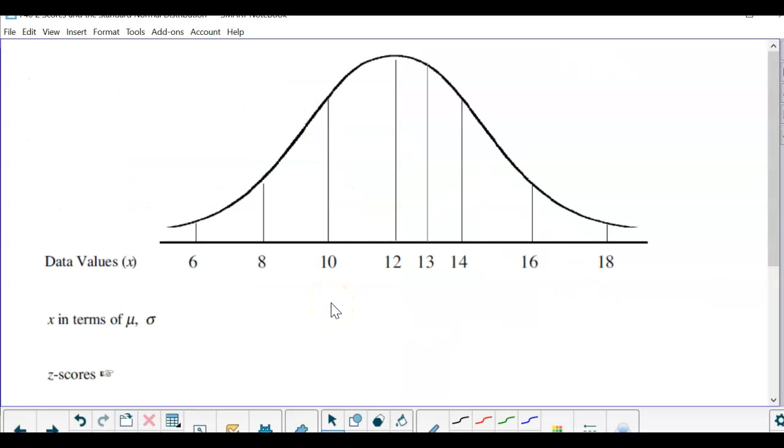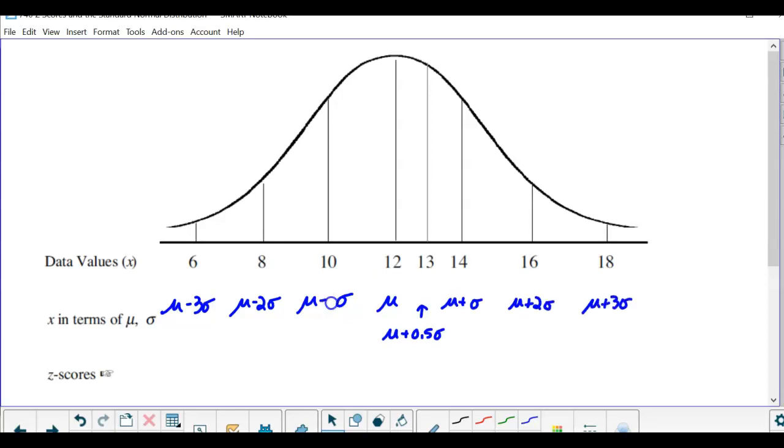Okay, alright, so here, that's your mean. This is your mean minus sigma, mean minus 2 sigma, mean minus 3 sigma. Here, I'm just going to put it underneath because it's going to get squishy. Mean plus 0.5 sigma, mean plus sigma, mean plus 2 sigma, mean plus 3 sigma.